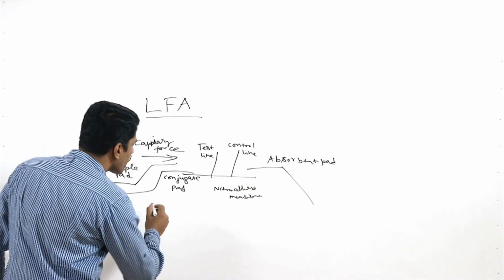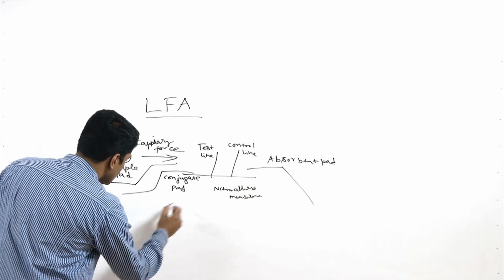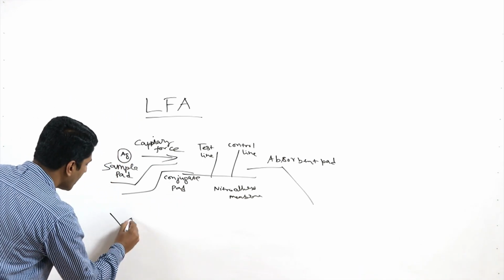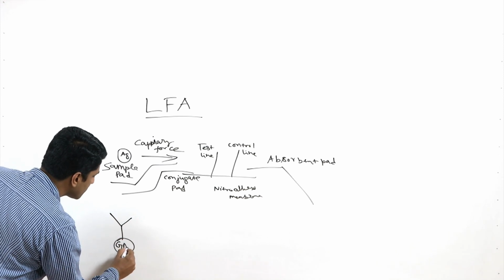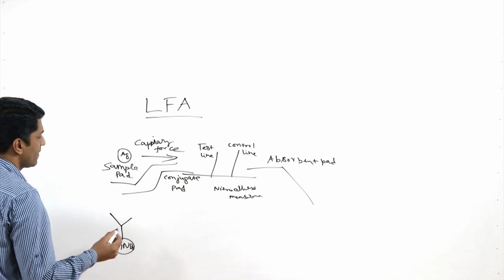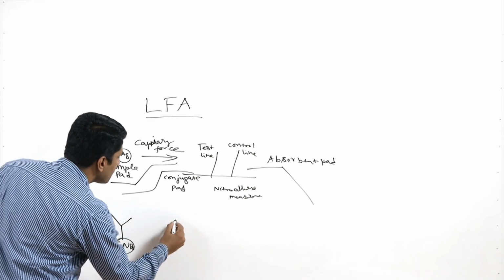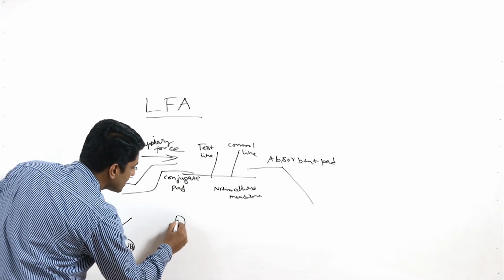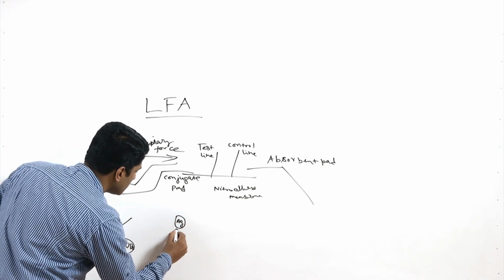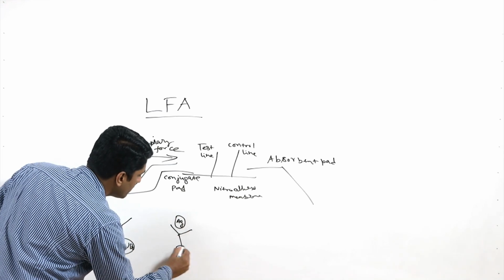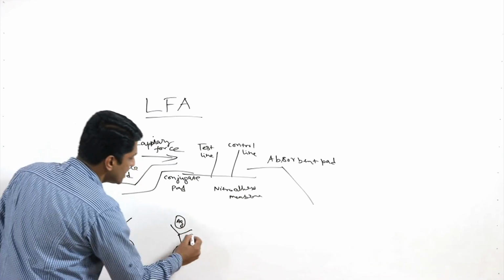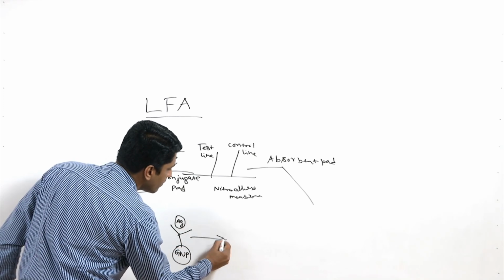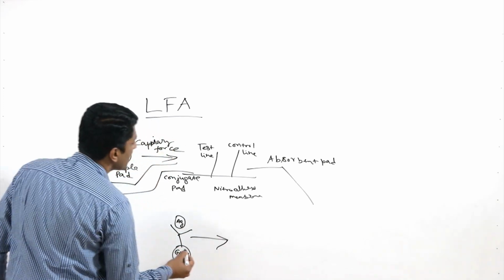and when it reaches the conjugate pad, in the conjugate pad you will have antibody conjugated with gold nanoparticles. Here in the conjugate pad, this antigen will come and bind with the antibody which is conjugated with gold nanoparticles, and this antigen antibody complex will move in this direction.